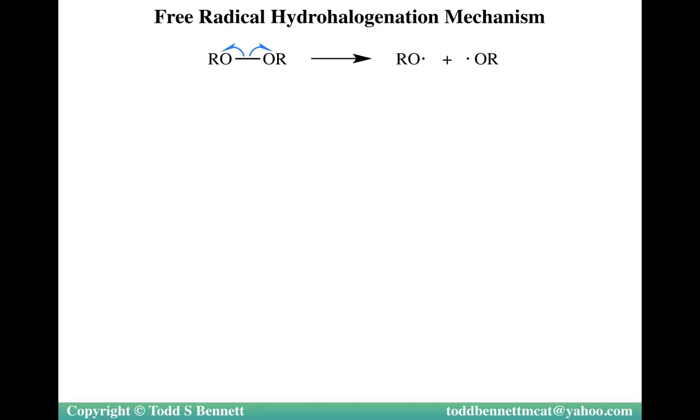Want to go back to chapter 1 or chapter 2, where we talked about homolytic cleavage, not hetero, where one atom gets both electrons, but homolytic cleavage, where they each get 1 electron. So this one single dot emphasizes that it's an unpaired electron. We know that there's a lone pair here, here, here, here, and here, but it only has 7 valence electrons, and as such is highly reactive.